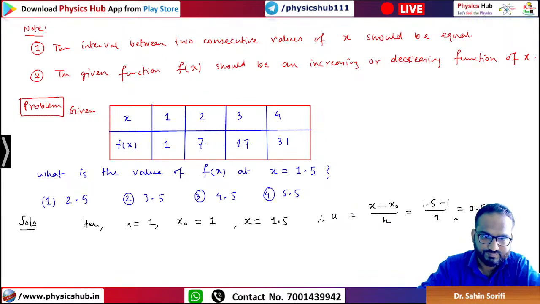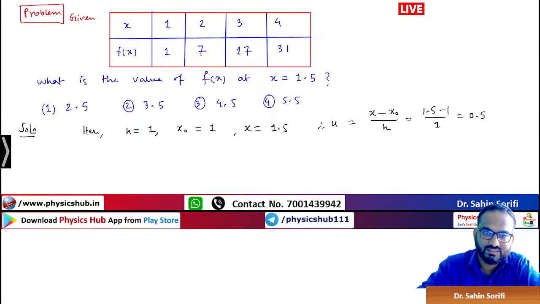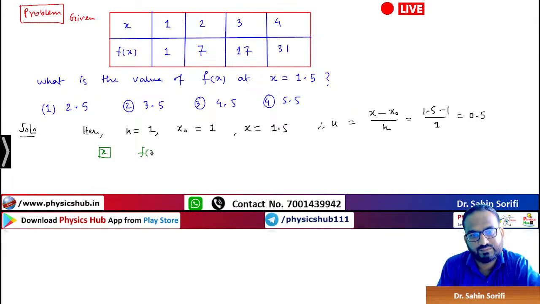Now it's time to formulate the forward difference table. The values of x, values of f of x, delta y values, and delta square y values we will write here.